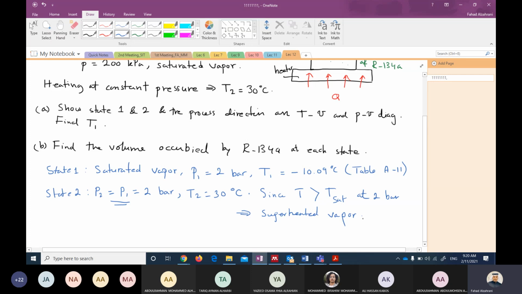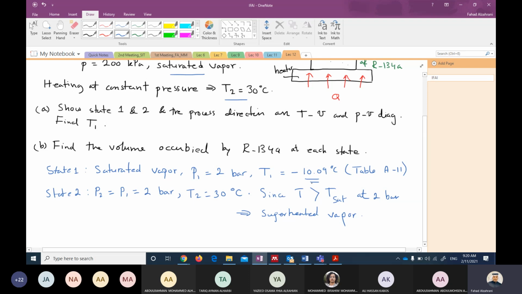Is it clear, guys? Is there anything not clear? Here I said it is saturated vapor initially, then we heated until this temperature. Since we heated more than saturated vapor, the temperature is higher than the saturation temperature, which is minus 10.